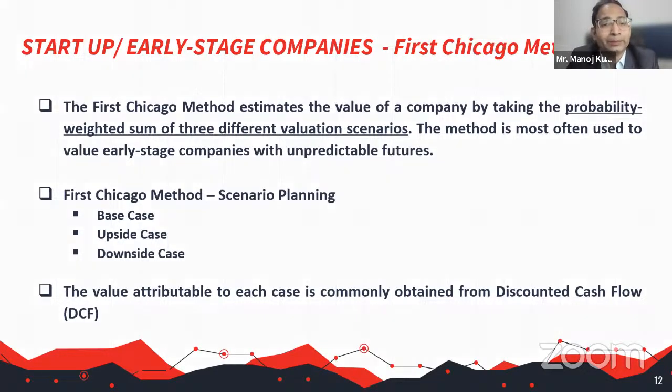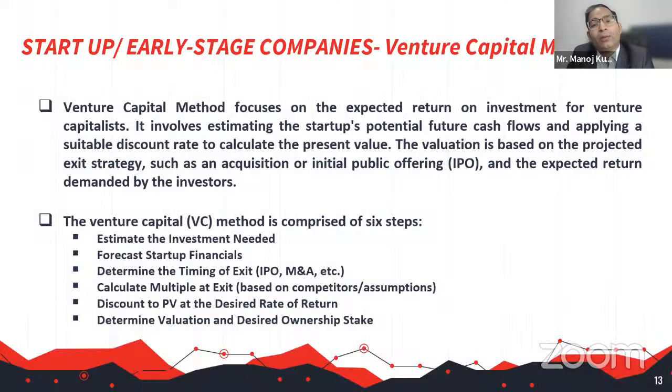If we talk about the venture capital method, it is a variation of the earlier method. But here the approach is that the investor always wants to exit from a company because they are financial investors. They don't want to continue with the company. So what should be their fair expectation at the time of exit?